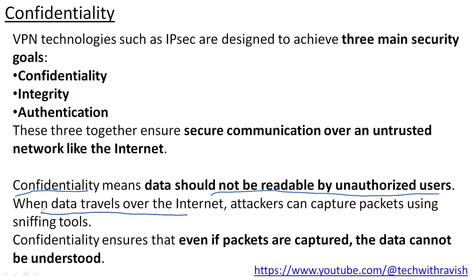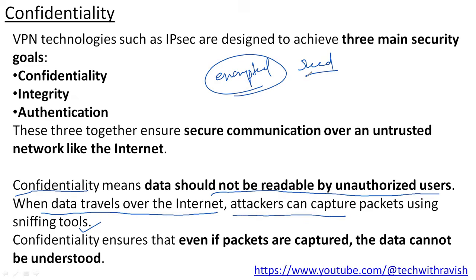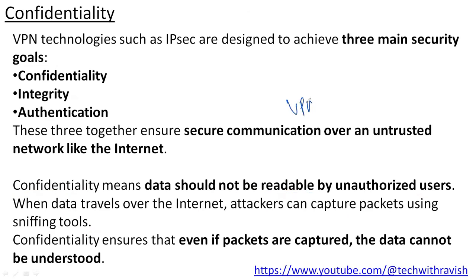When the data travels over the internet, attackers can capture the packets using sniffing tools. Yes, they can capture your data, but your data will be encrypted. They cannot read it, and this surety is given by VPN confidentiality.